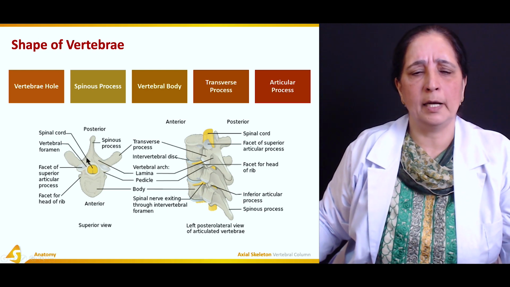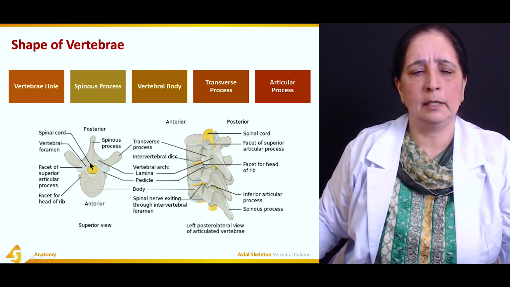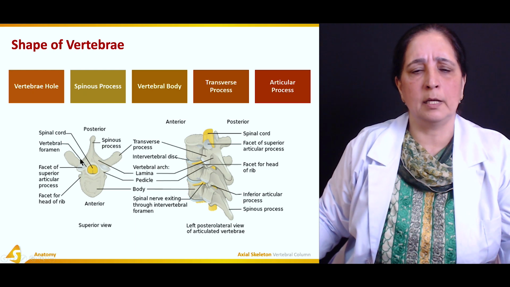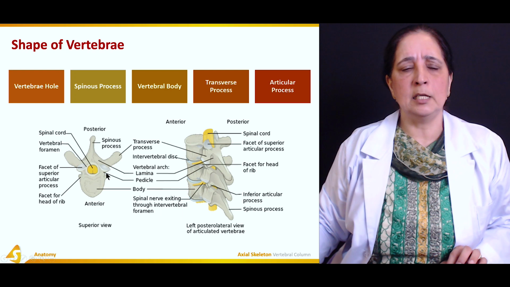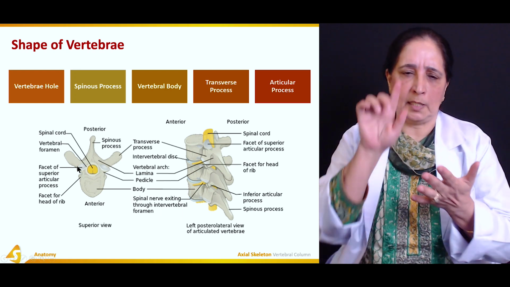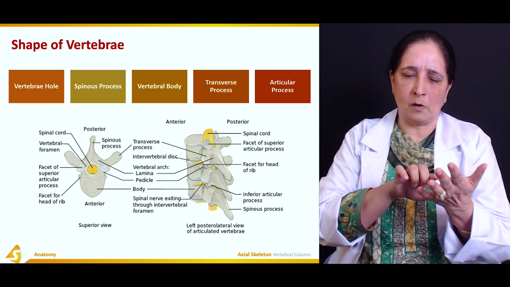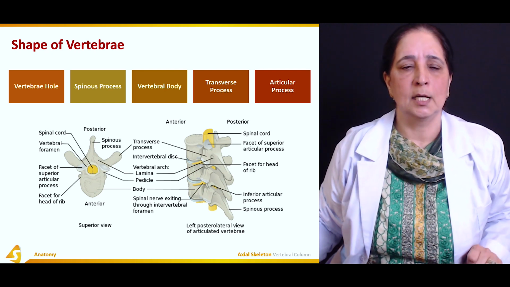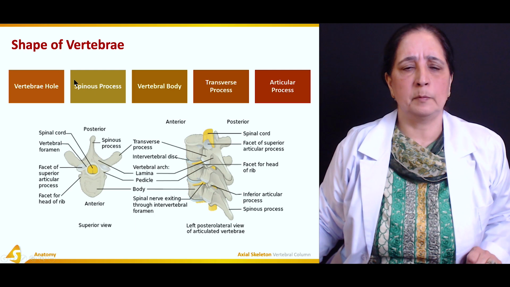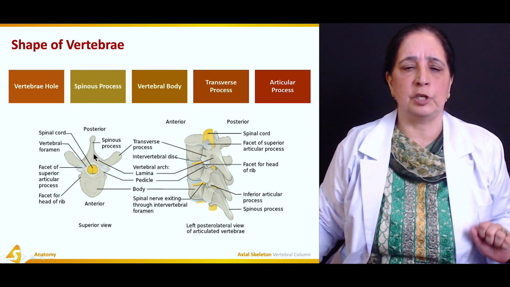It's called the spinal canal, because the spinal cord is passing through this canal. We have this spinous process. If you feel your spine on the back, you feel these spinous processes, the pointed tips. These are the spinous processes on the posterior.